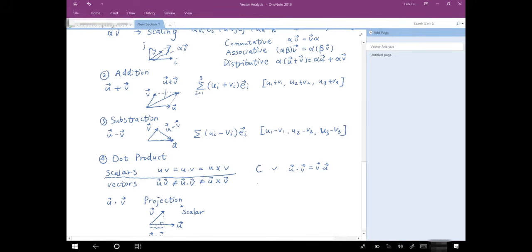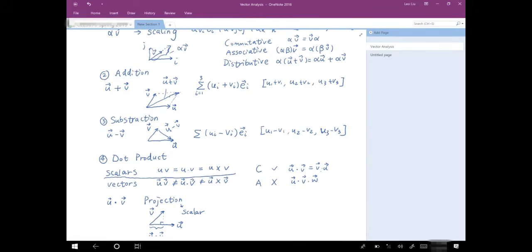And associative, no. Usually we don't talk about whether the dot product is associative or not, because you can see this: if we have three vectors U, V, W, this one is not valid.